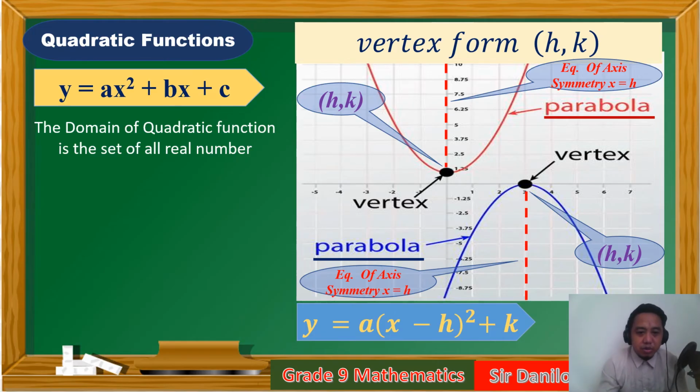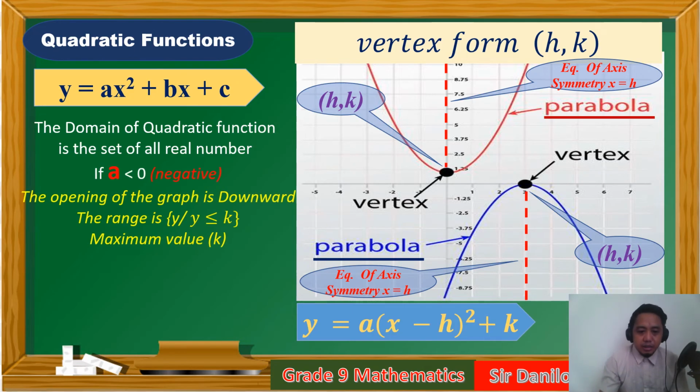Okay? And then, sama na natin to. The domain of a quadratic function is the set of all real numbers. Meaning to say, pwede yun si X. Lahat ng X, any real number, can be substituted to X. Yung Y, hindi. Okay. Tingnan natin dito. If A is negative or less than 0, the opening of the graph is downward.